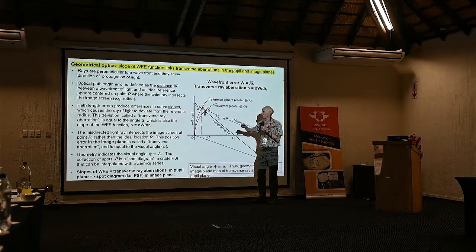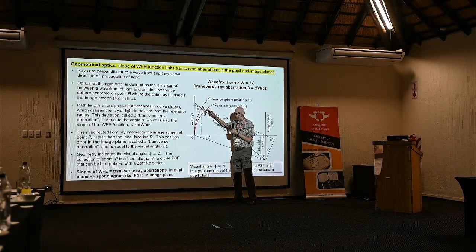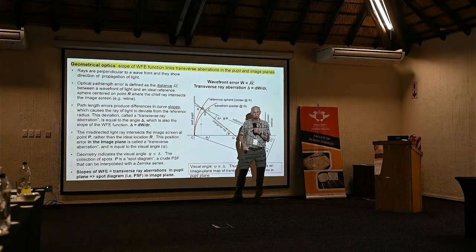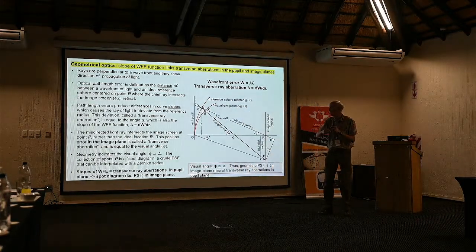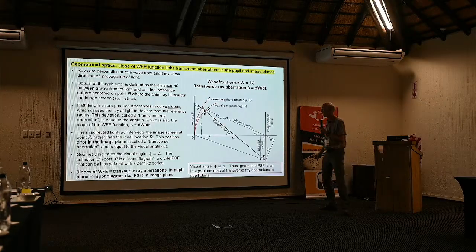So think now logically that if these two curves are different like this, there's a gap in between them, that means that the slope of this one must be different from the slope of that one. They have to have different slopes because there's a gap between them, and they have continuous curves coming out from the pupil.